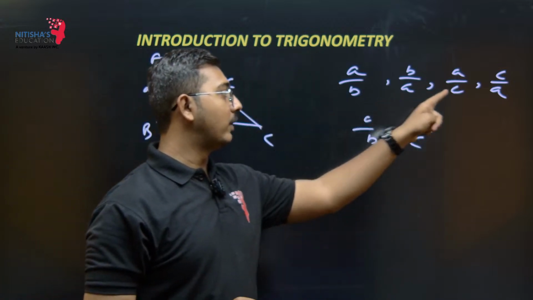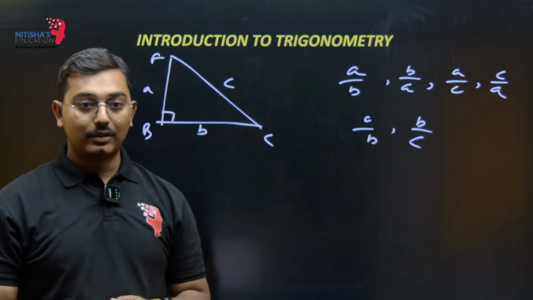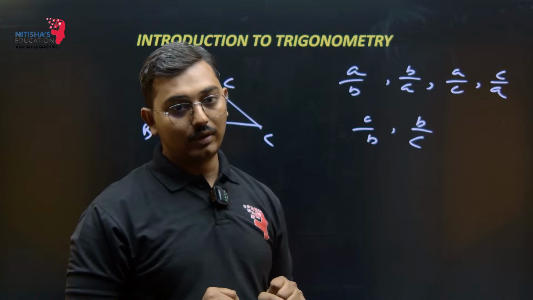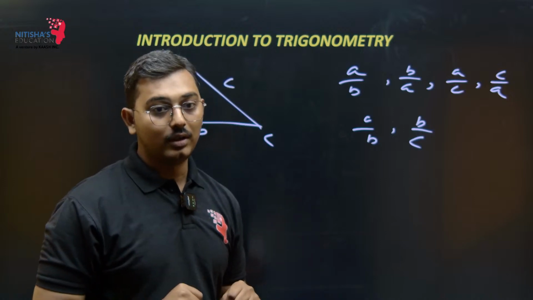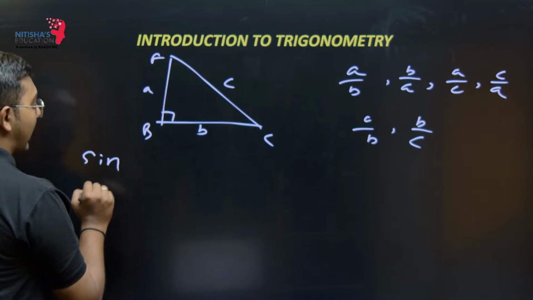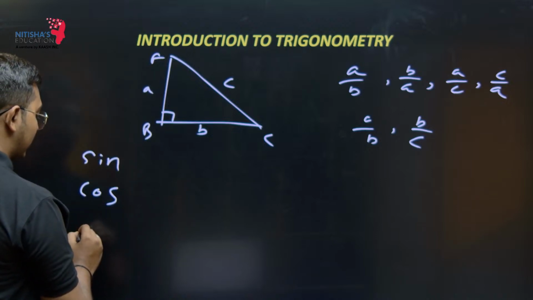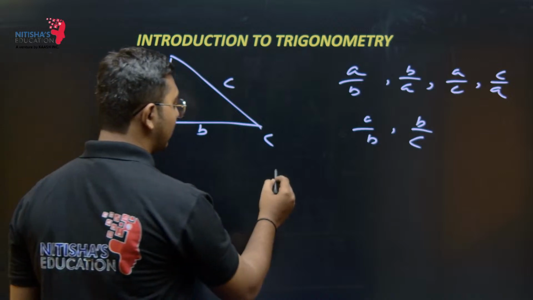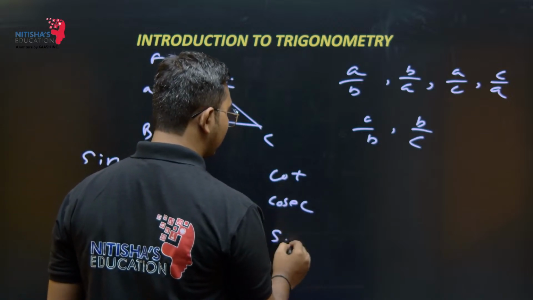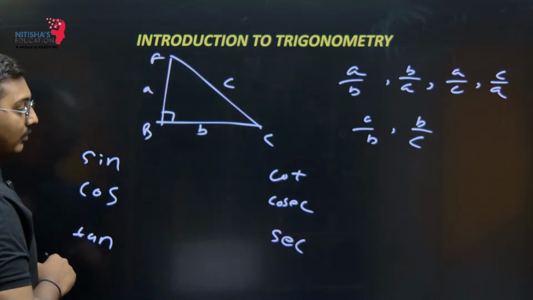There are 6 ratios, 1, 2, 3, 4, 5 and 6. So these 6 ratios are the trigonometric ratios which we are going to use. Such trigonometric ratios are named as sine, cos, tan, cot, cosec and sec.